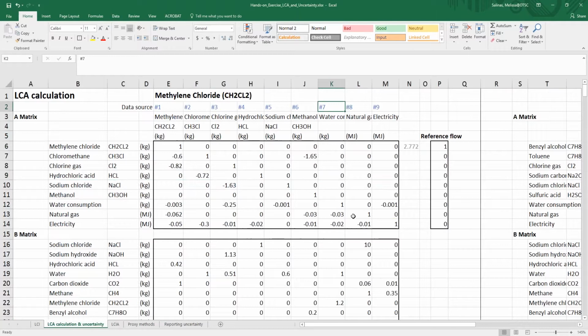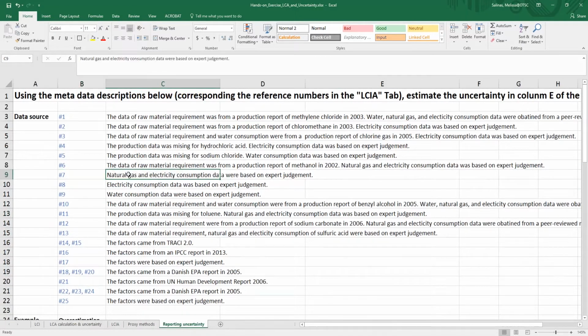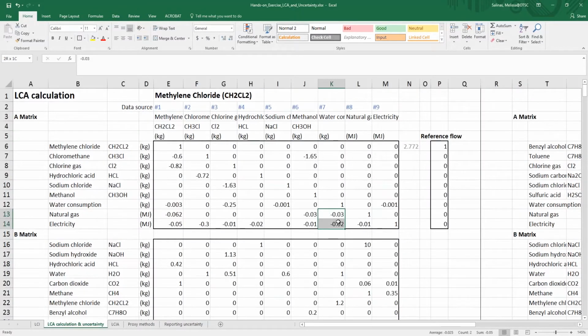So process number 7 consumes natural gas and electricity. Oh, here we go. So these are the input parameters, but it seems that I kind of misspoke before. Here we say that the number 7 natural gas and electric consumption data were based on expert judgment. That applies only to these two cells, natural gas and electricity. So it seems that the emission of methylene chloride from the water consumption process is not based on expert judgment.